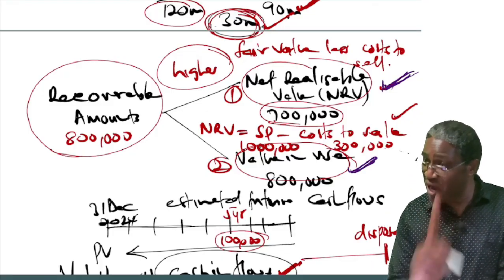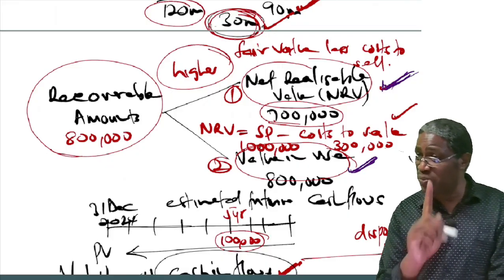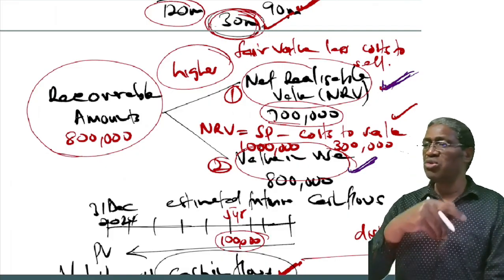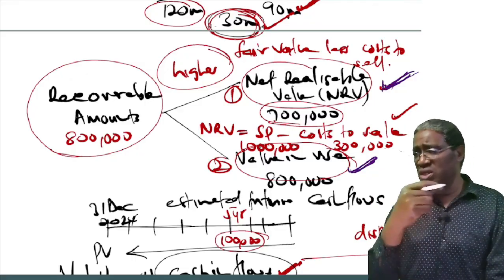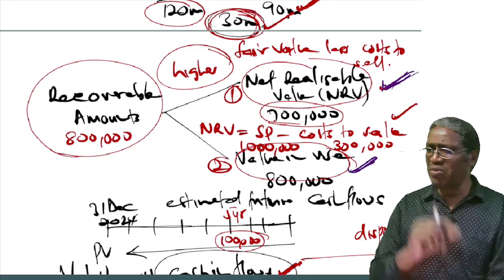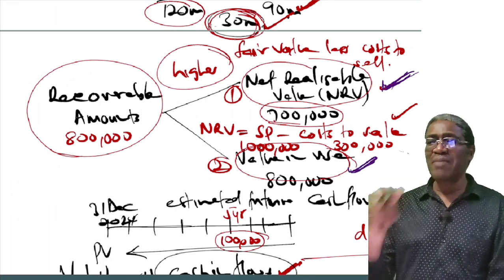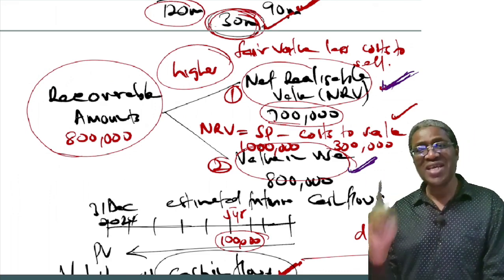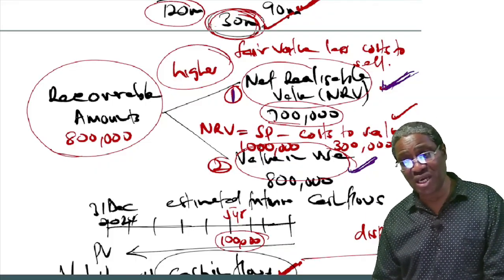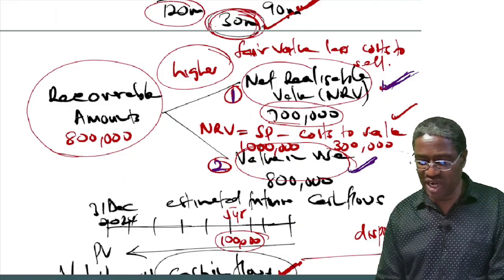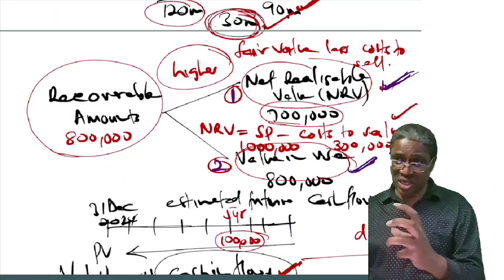I told you it's important to keep remembering the definition of recoverable amount, because most questions will ask you to define it. The recoverable amount of an asset is the higher of, number 1, the net realizable value of that asset, and number 2, value in use, whichever of the two is higher.